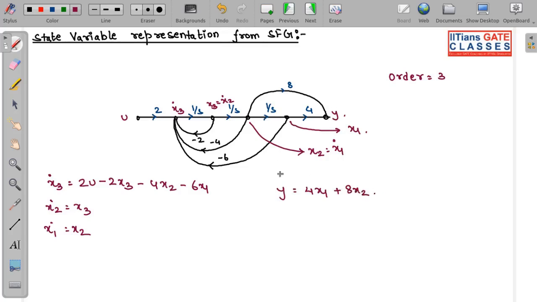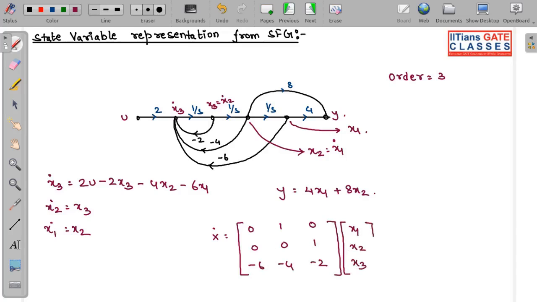Now if you want to form the state variable matrix, X dot is equal to the matrix with rows 0 1 0, 0 0 1, and minus 6 minus 4 minus 2, times x1 x2 x3, plus 0 0 2 times u, since u enters only at this point.